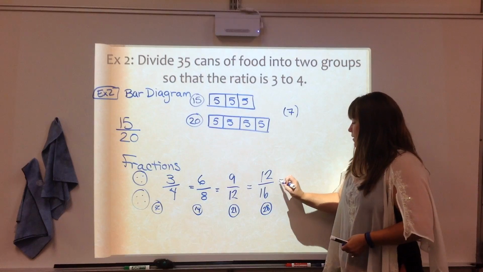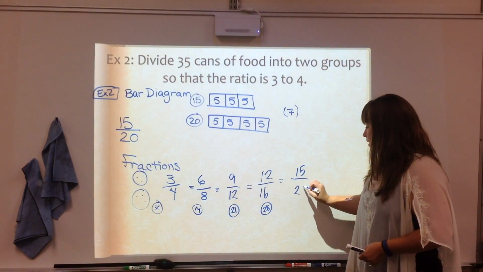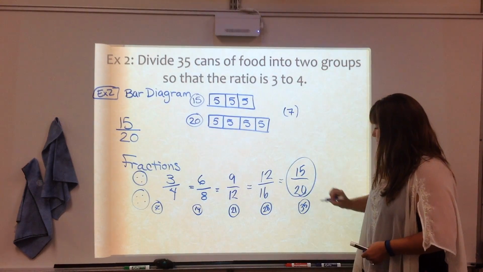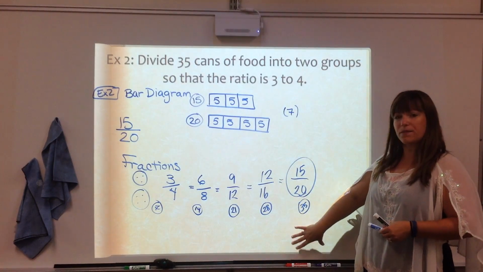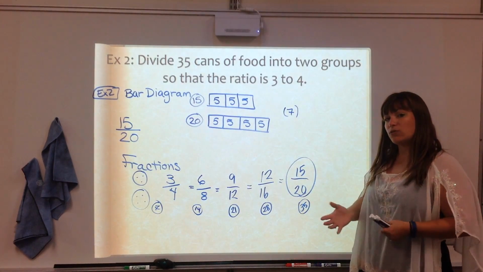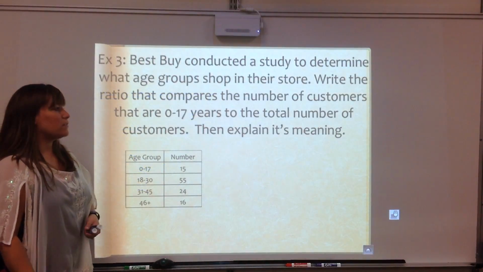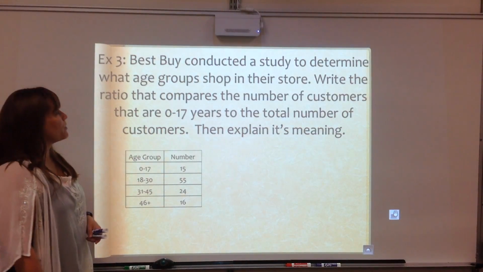Still not 35. And now I'll have 15 and 20, and now I've arrived at the 35 cans. So either way, if you like the picture or you like the fractions, that is how to divide to get a certain ratio. The last example is another explain the meaning of a ratio problem.